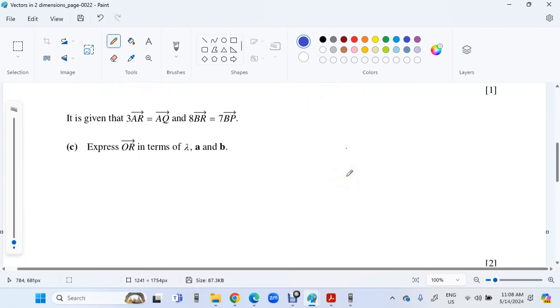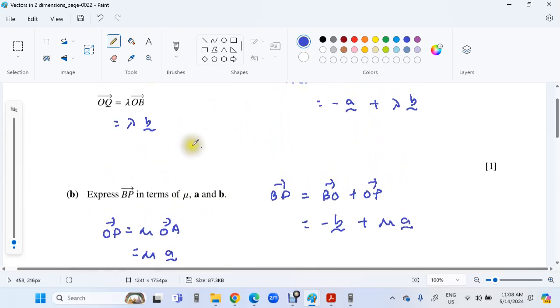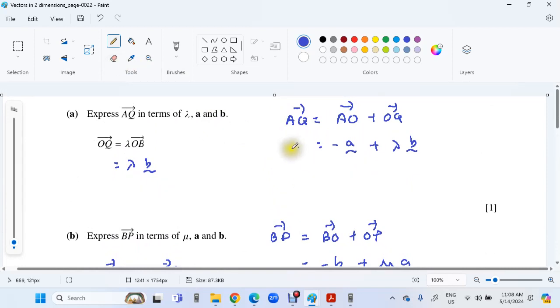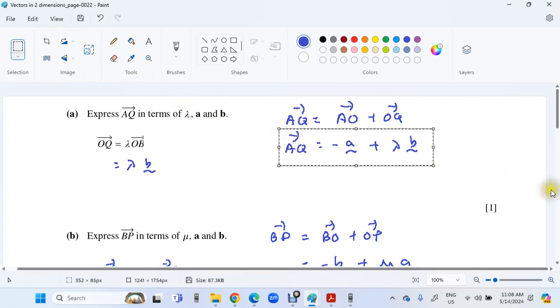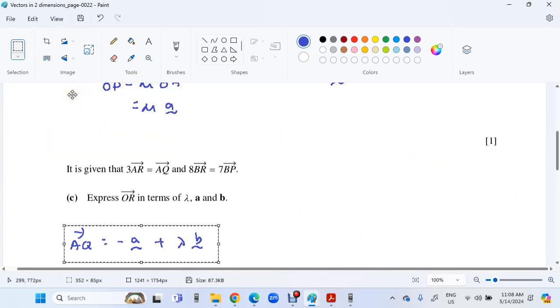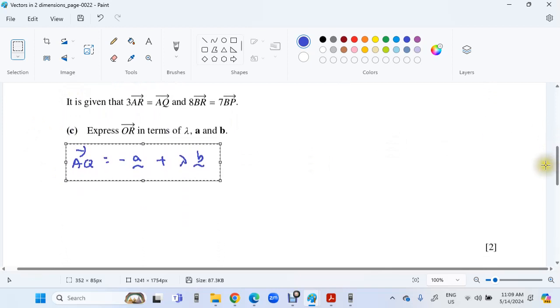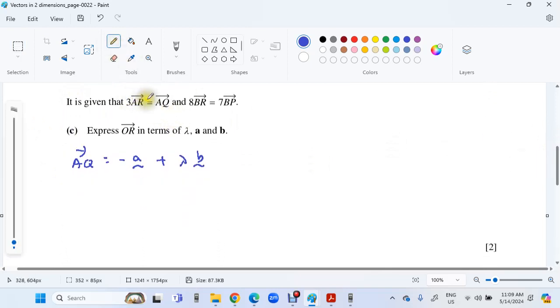Next, it's given that 3AR equals AQ and 8BR equals 7BP. So this is the AQ that we will use here. They tell us that 3AR equals AQ. So AR will be 1 over 3 of AQ.